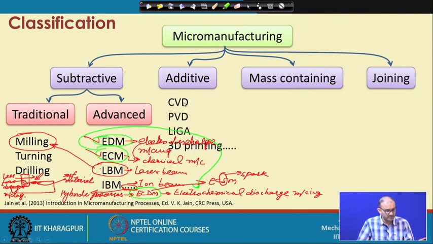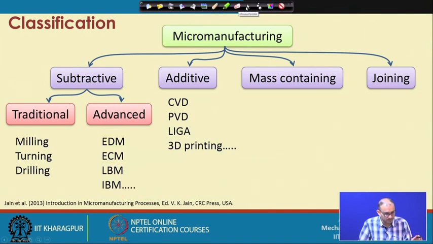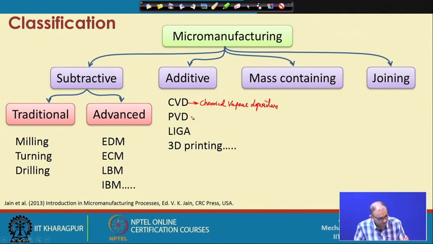And there are processes like chemical vapor deposition. Let me clean this part first. So, here this is called chemical vapor deposition. This is physical vapor deposition.